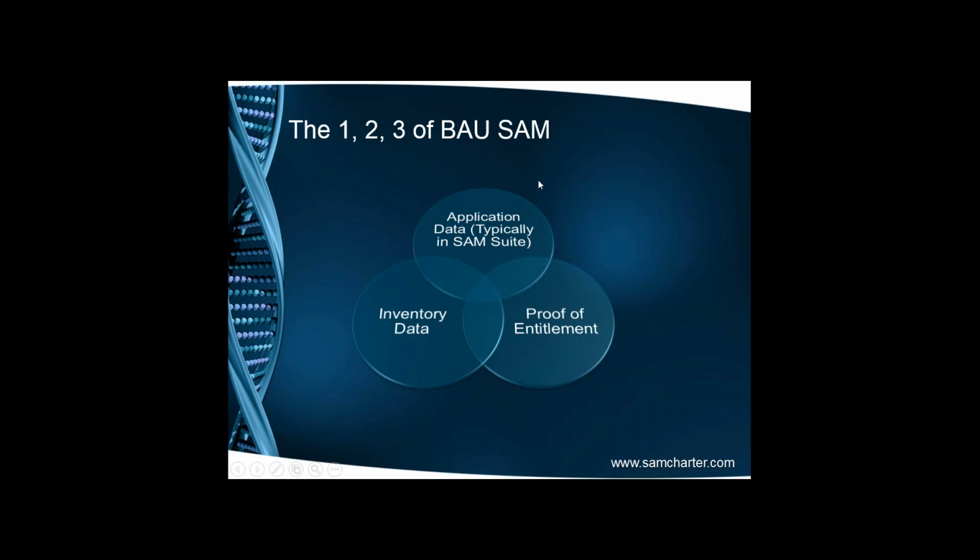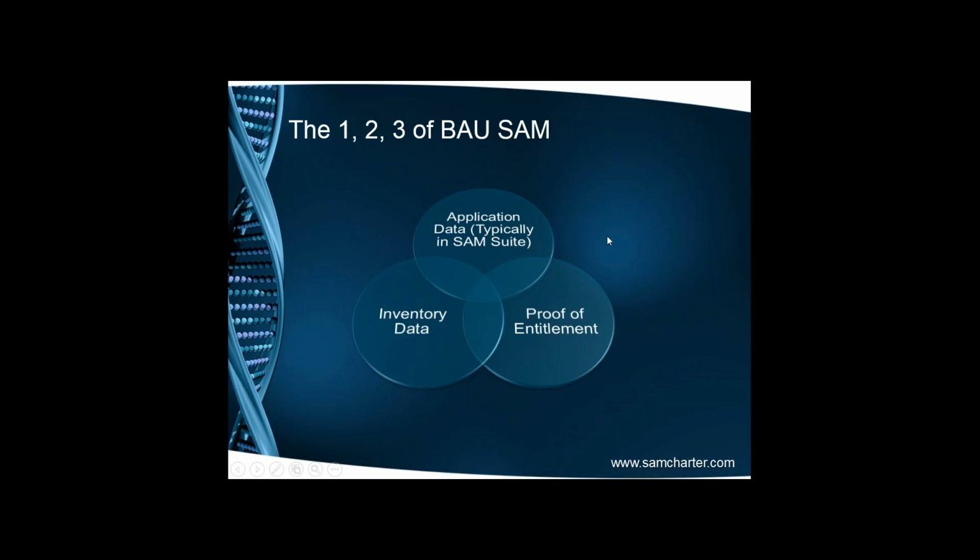So these are your recognition files. Next we have our proof of entitlement, and these are our contracts, our licenses, essentially whatever evidence a software vendor says we need to have in place to justify our software installs. And then we have our inventory data itself, so this represents our software installations.